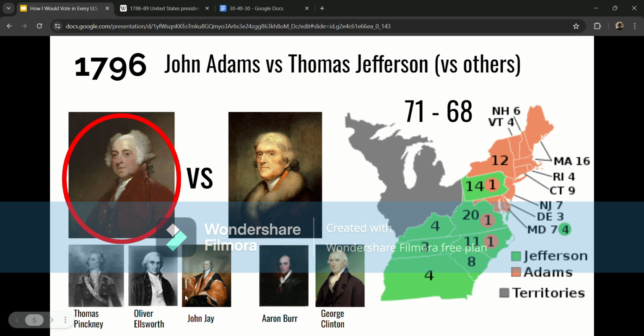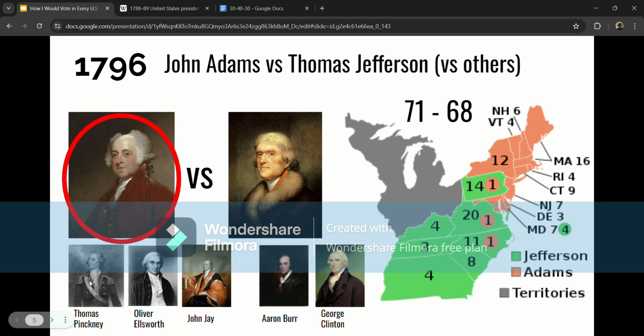So I would have, of course, wanted to keep the party the same, and not have 2 separate parties become president and vice president, which is what actually happened in this election. John Adams became president, and his rival Thomas Jefferson from the opposing party became vice president. So instead, I would have cast my vote for one of these 3 men down here.